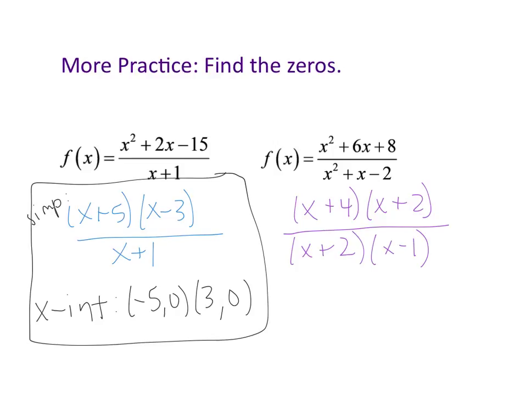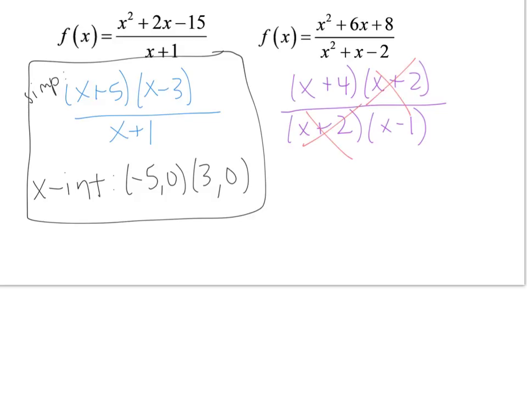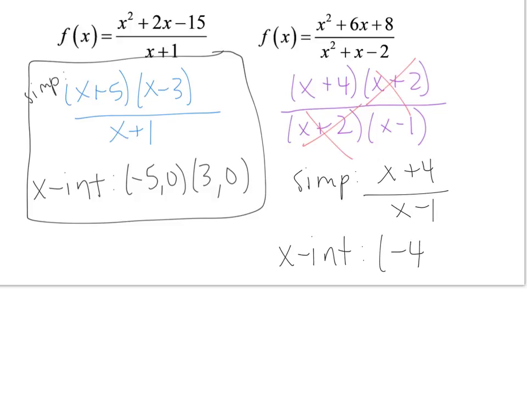So I will cross out anything that can cancel out, my x plus 2's. So my simplified version of this rational function would be x plus 4 over x minus 1, and then my x-intercept here would be setting the numerator equal to 0. So if I set x plus 4 equal to 0, I would get negative 4.